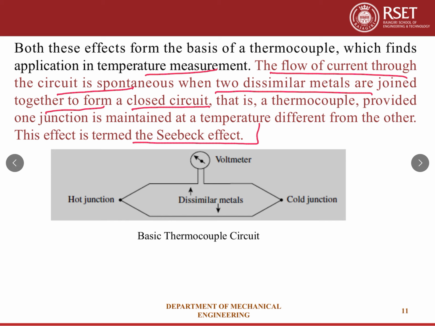We can see two dissimilar materials, 1 and 2, connected together to form two junctions. One junction will be a hot junction with a higher temperature compared to the other junction. Therefore, there are two effects, the Thomson effect and the Peltier effect.